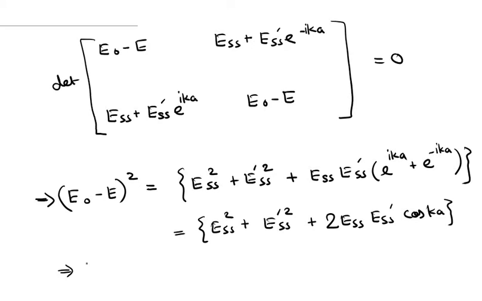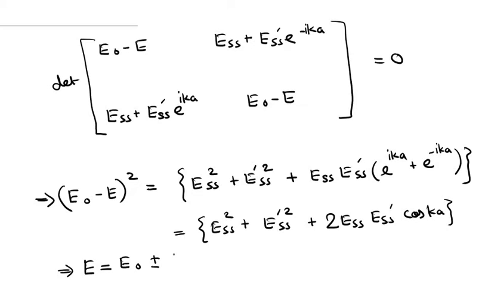And we have E equals E0 plus minus, because when we take the square root of this side we get a plus minus, and then a half over here.